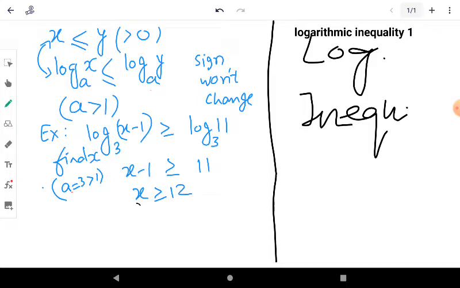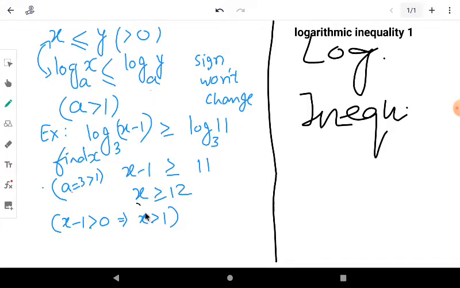In questions where logarithm is involved and the argument has a variable, or something in terms of variable x, we also need to ensure that the argument, which is x minus 1 in this case, should be positive, and the answer should always be inside the domain of this.